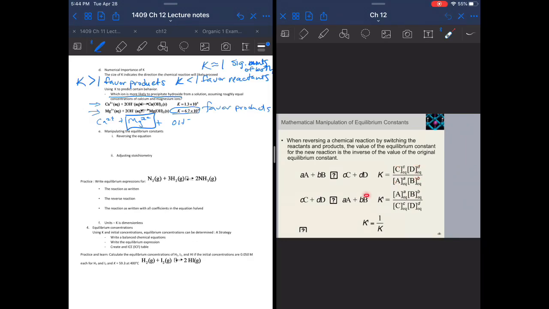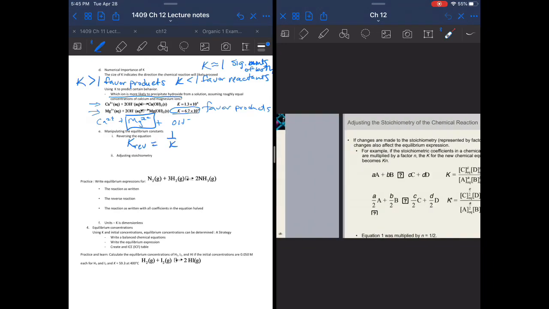Well, if you flip your reaction around and you are looking at what was the reverse reaction, then you see that your numerator and denominator have switched places. So when you reverse an equation, K of the reverse reaction is just going to be 1 over K.